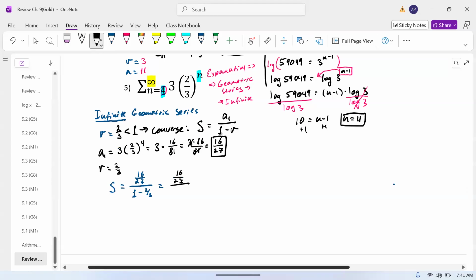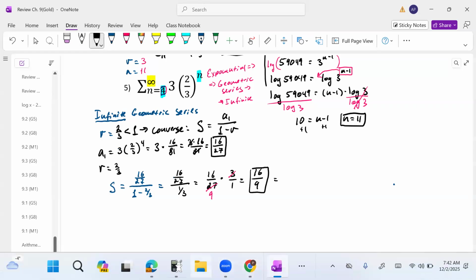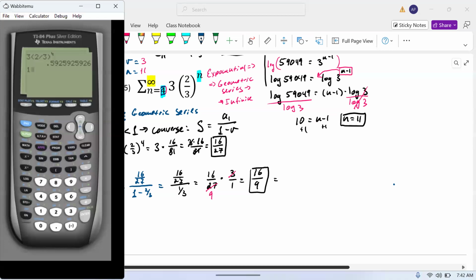So it's 16 over 27, and 1 minus 2/3 is 1/3. When we're dividing two fractions, that means we take the denominator, flip and multiply. And here we can also reduce our fraction a little bit to make it easier. Therefore it looks like we're going to end up with 16 divided by 9. You can convert the 16 divided by 9 into a decimal if you really want to, which is 1.7 repeating.